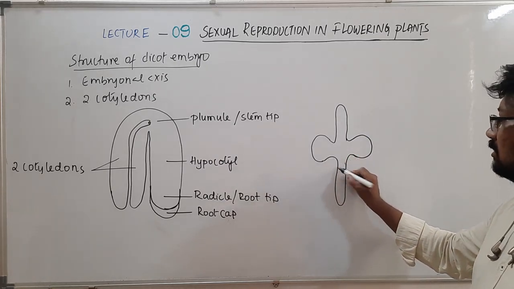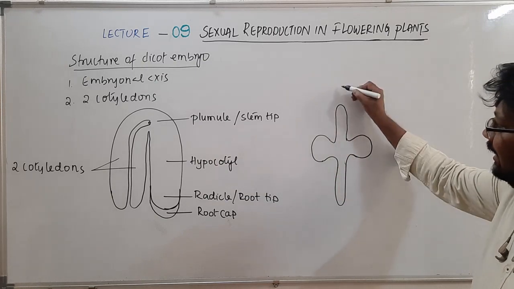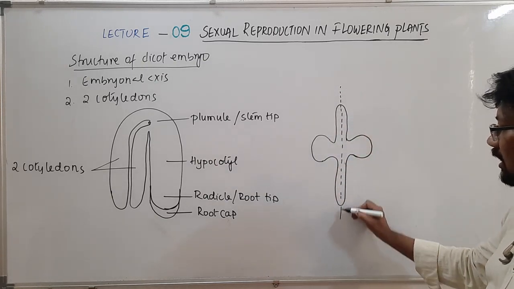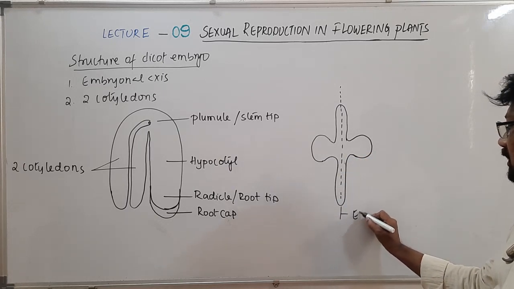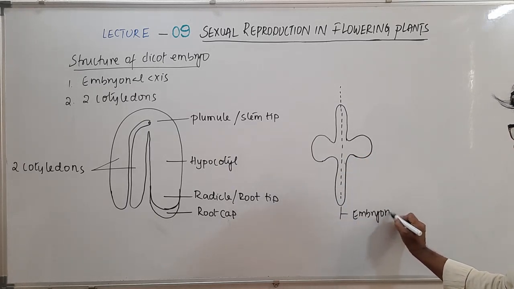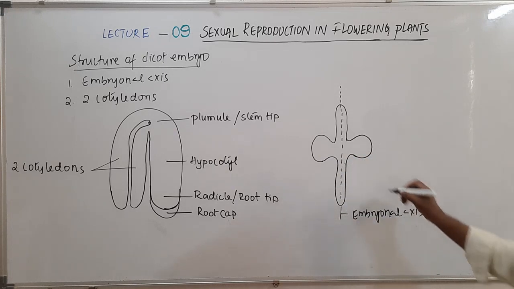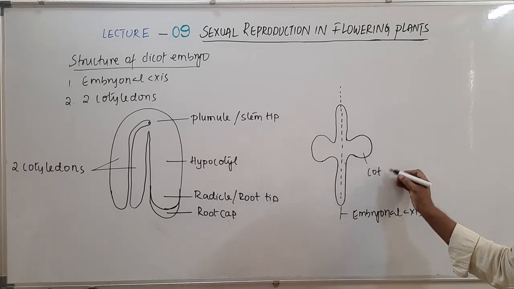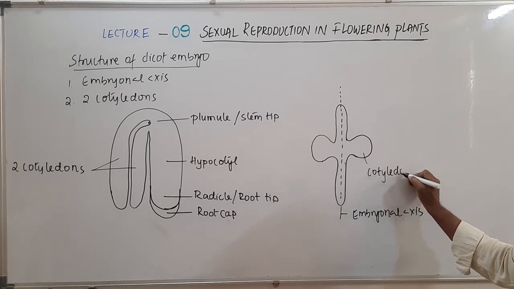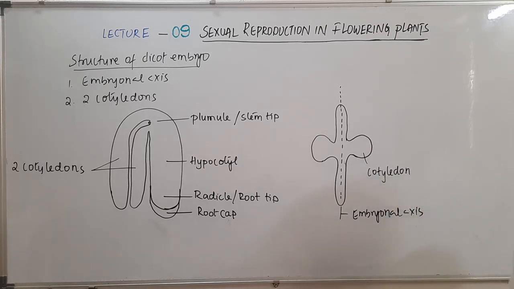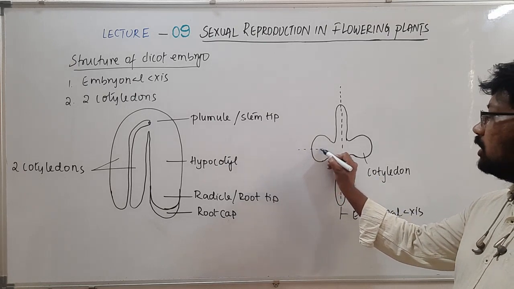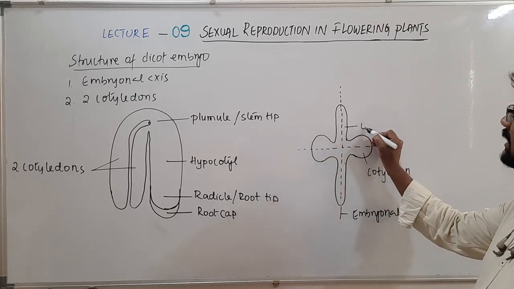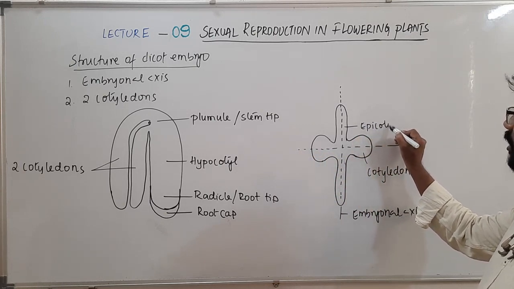So these are two cotyledons, and here I'm going to take this as the embryonal axis. So this is the embryonal axis, and this is the cotyledon. Now whatever portion is above this cotyledon, I call that the epicotyl.